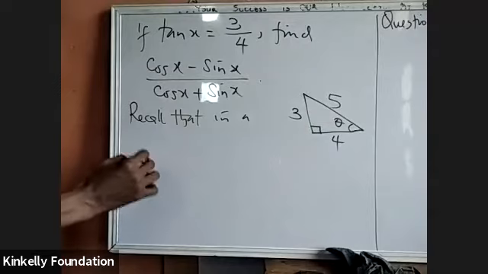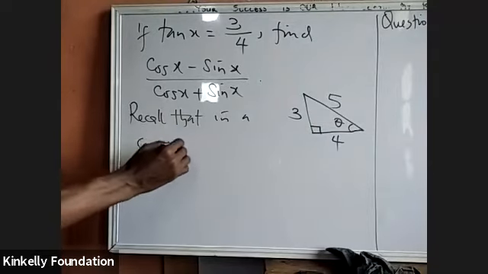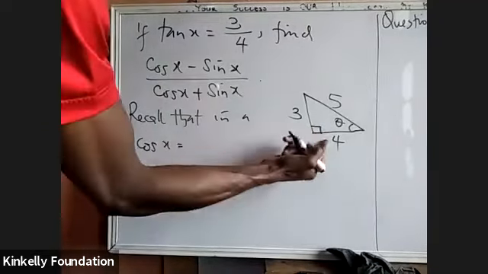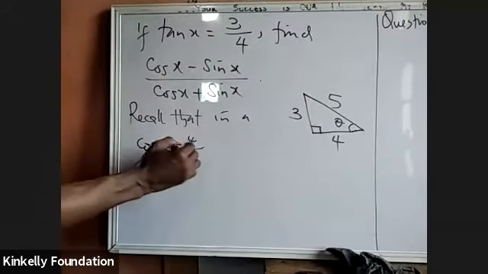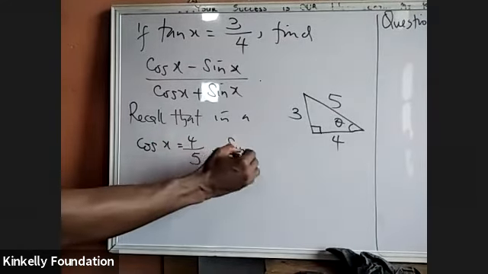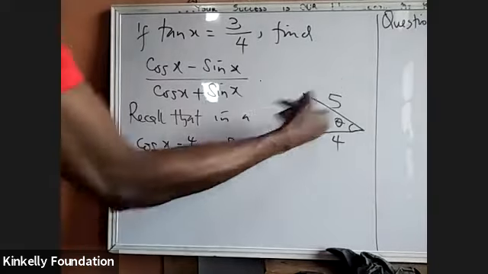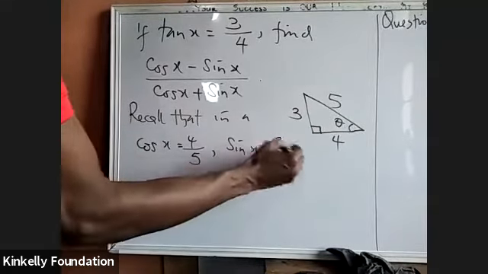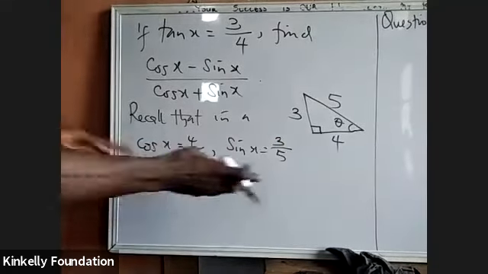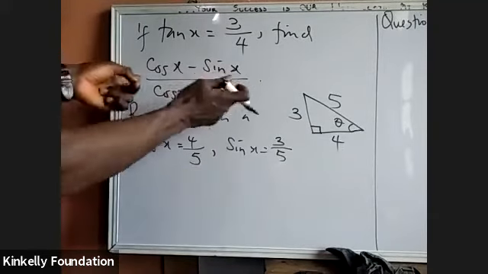Now we have that cos x is equal to adjacent over hypotenuse, 4 over 5, and sin x is equal to opposite over hypotenuse, 3 over 5. Now we are going to substitute each of these inside this.